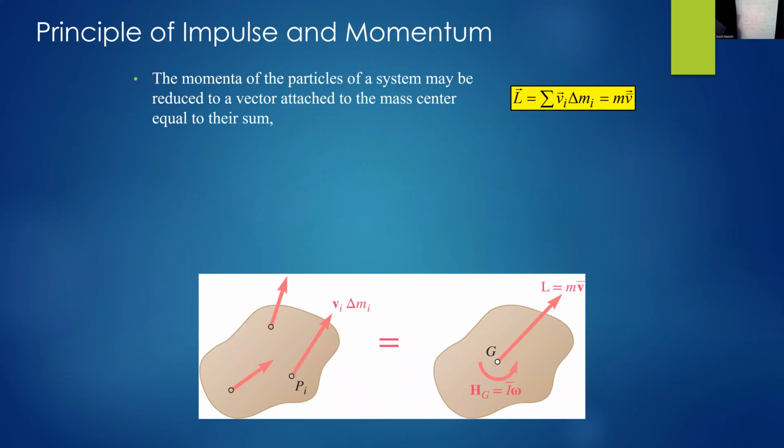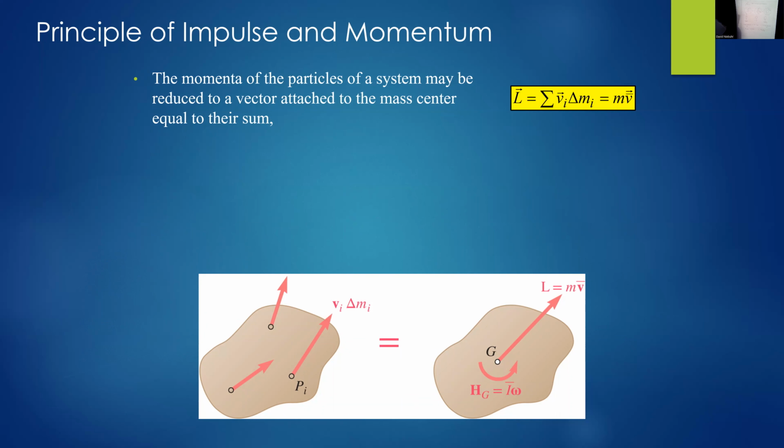The addition, though, is this idea: the momentum of the particles of a system may be reduced to a vector attached to the mass center. That makes sense. You can take all of the momentum for all the particles in the system, and just like you could attach a force vector at the center of gravity, you can attach a momentum vector at the center of gravity.